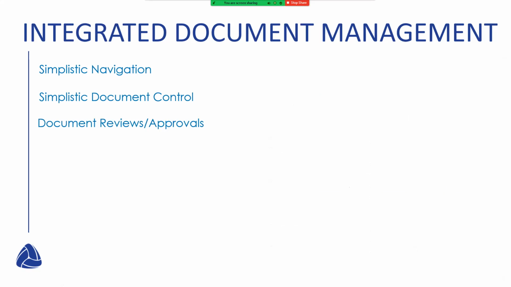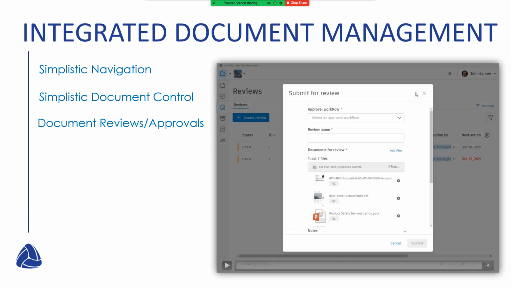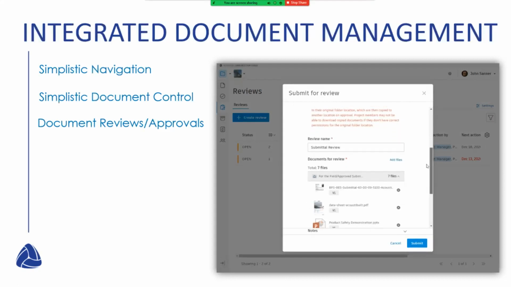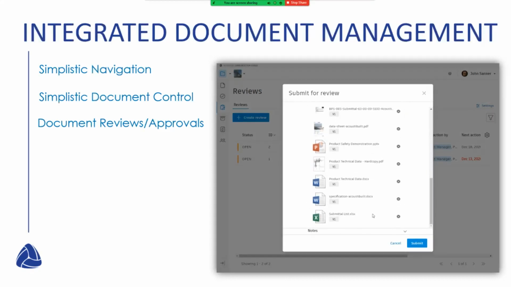Thirdly, document reviews and approvals. From here, we can take whatever we've uploaded, whether it's a design, a Word document, or an Excel BOQ, into the cloud and start working with them. Remember, information stored in a common data environment is cognitive. It should be able to talk back to you.